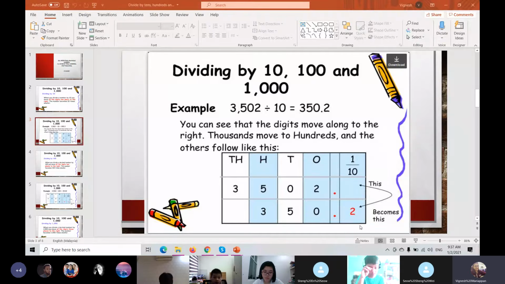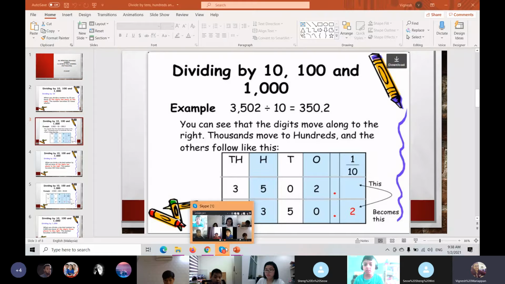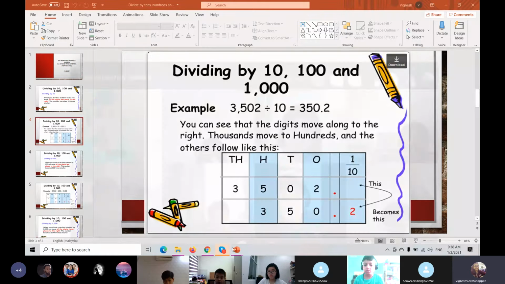Are we going to start from 1, 10, 100 or 1000? What is the place value after the decimal? Who can tell teacher what is the place value after the decimal?